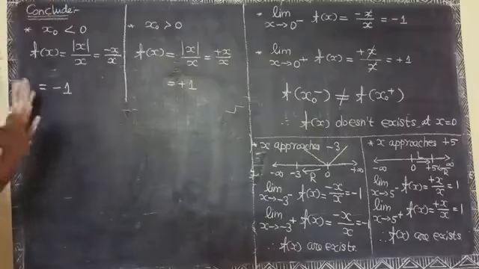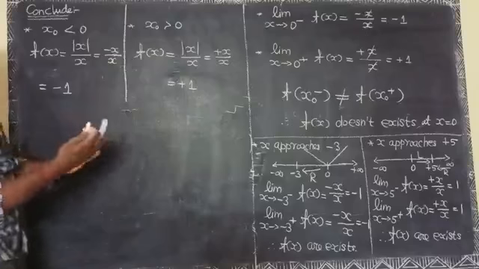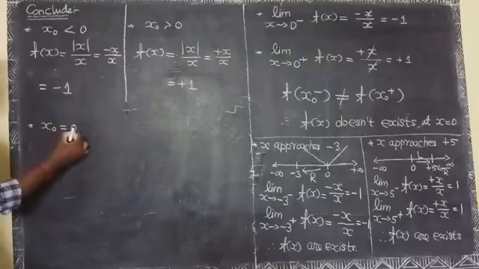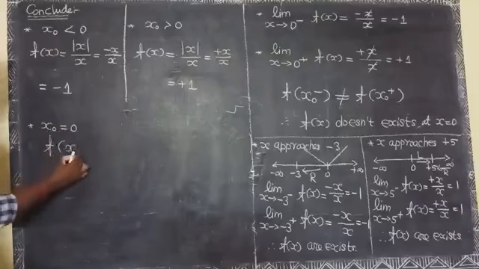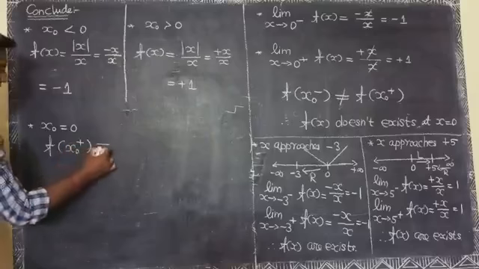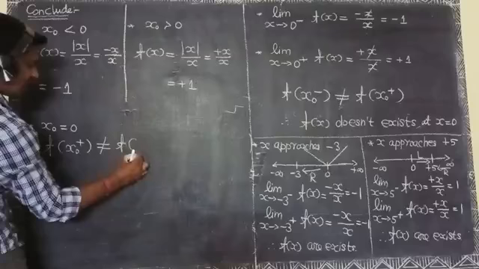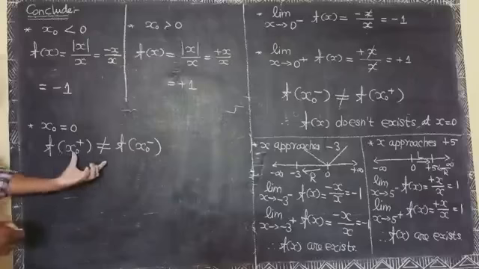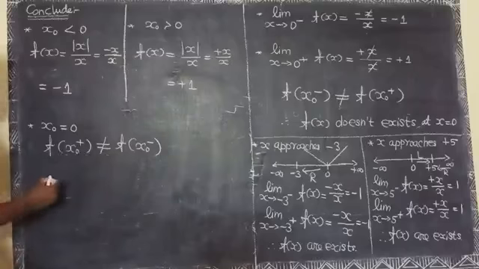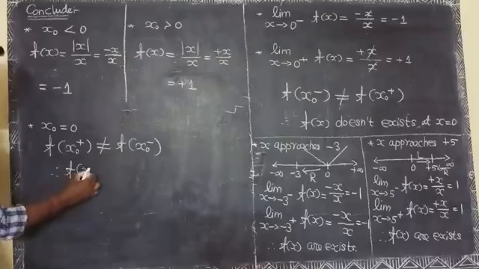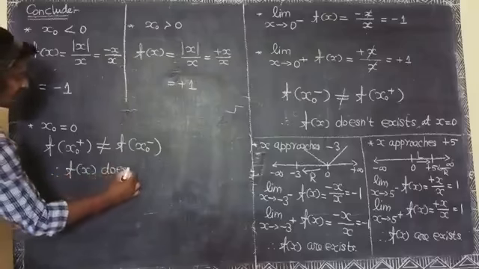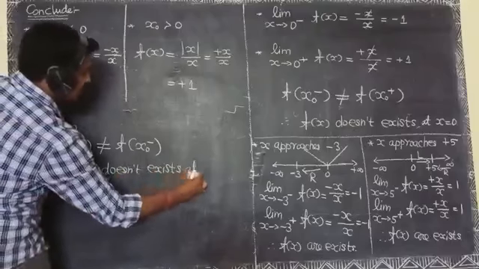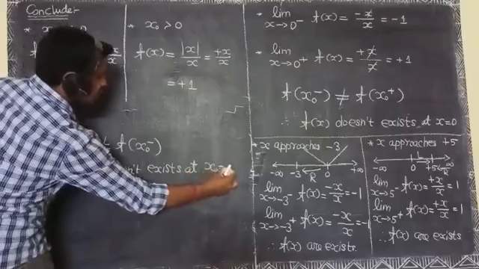Here, x naught equal to 0 means f of x naught plus is not equal to f of x naught minus. Both are not equal, therefore the limit of f of x does not exist at x naught equal to 0.